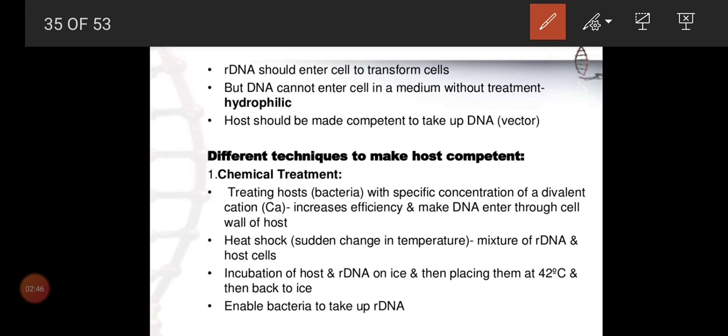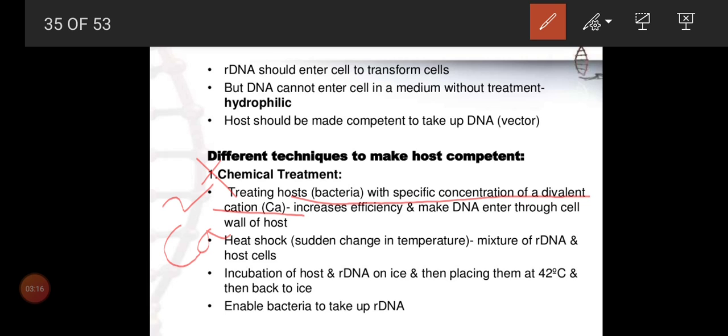First one, chemical treatment. Treating a host like bacteria with a specific concentration of divalent cation. Divalent cation means, for example, calcium 2 plus. Treating the host bacteria with a divalent cation like calcium 2 plus will increase the efficiency.